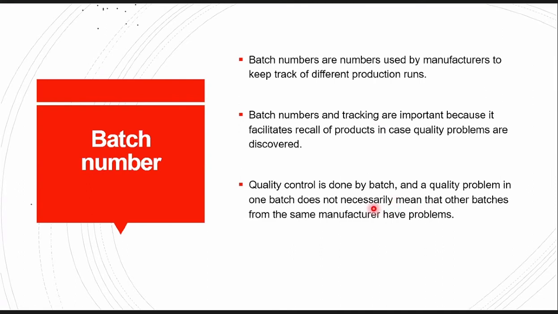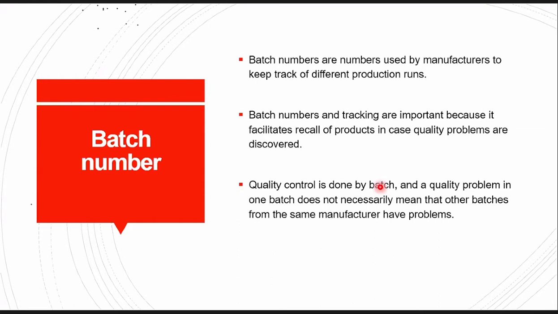When we are doing quality control as well, what makes us do it in a qualitative manner is the batch number. Each batch is going to be tested, and if the batch is found to have quality issues, it means the entire quantity for that batch has to be quarantined.